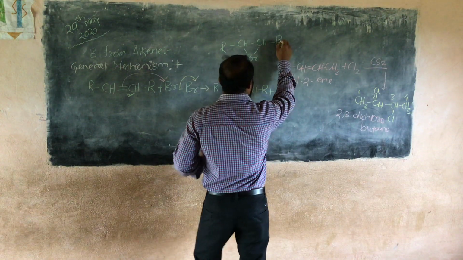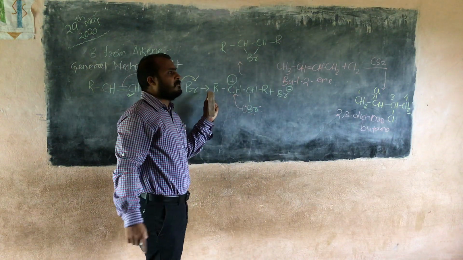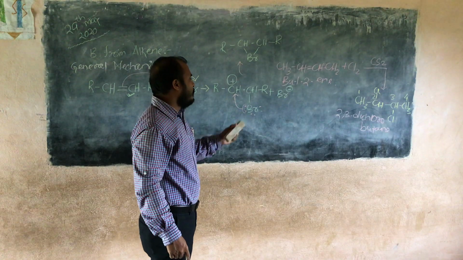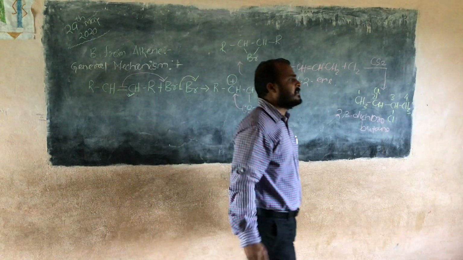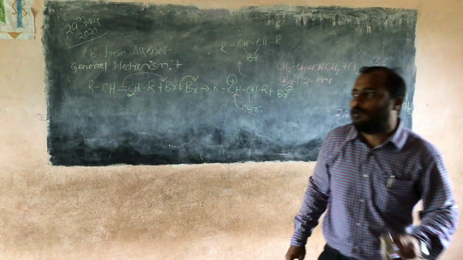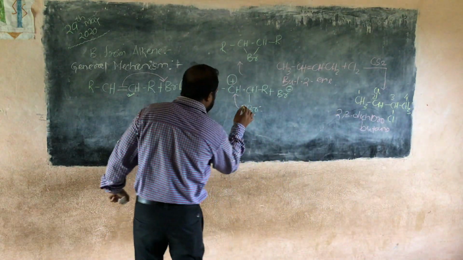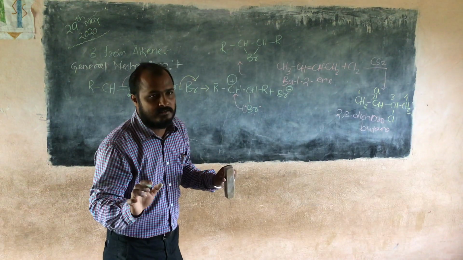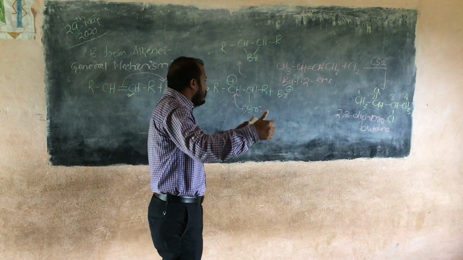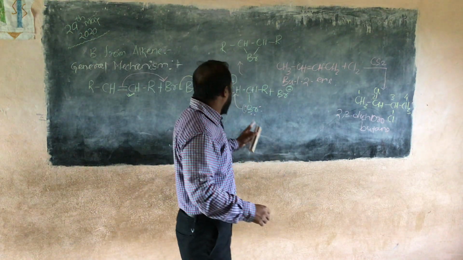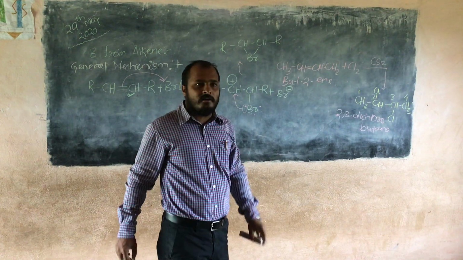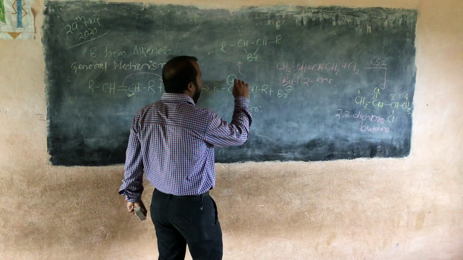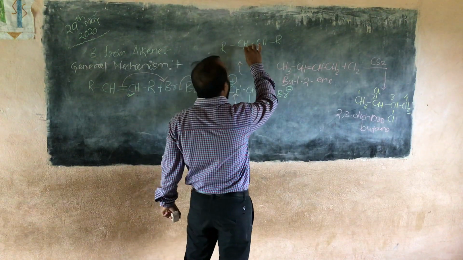Initially it was positively charged in nature. Later, bromine has given only one of its lone pairs of electrons to make a covalent bond. Initially this lone pair of electrons solely belonged to bromine. Now it has given its lone pair of electrons to carbon in order to make a covalent bond.